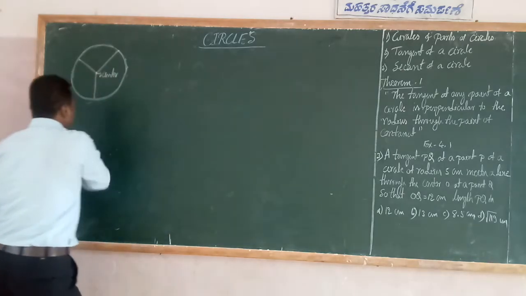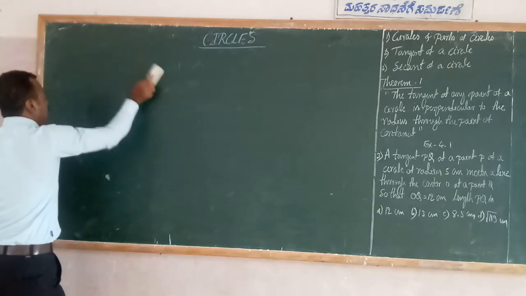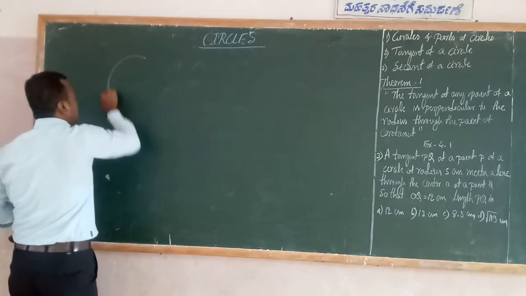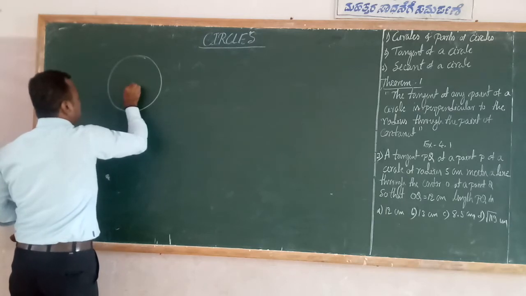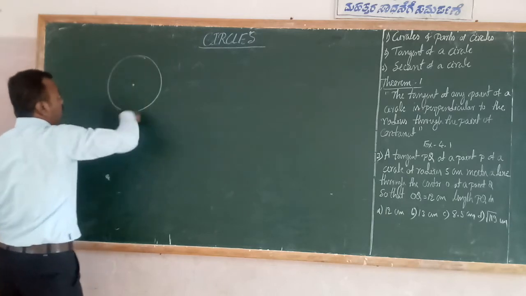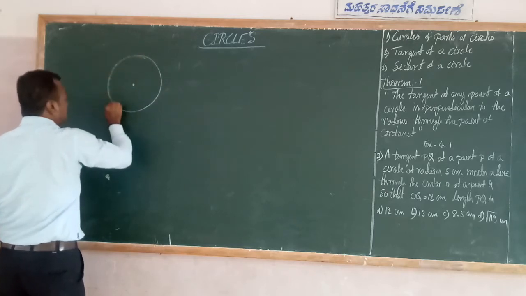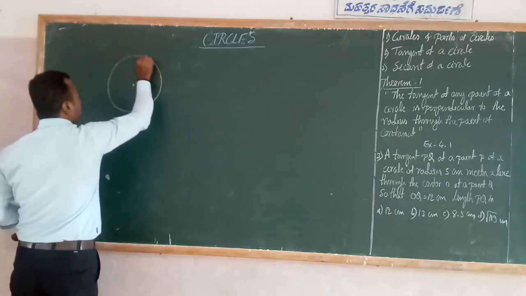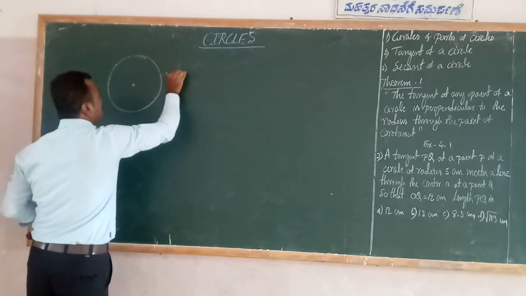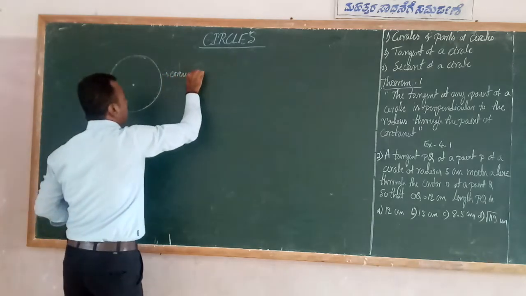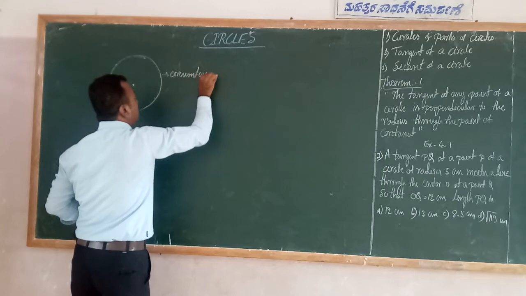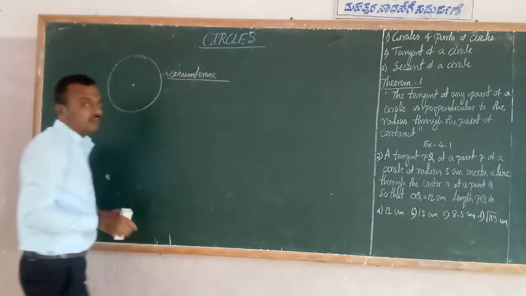Okay, the next one. This is the center of the circle. This is the boundary of the circle. What do we call this boundary? That is called the circumference of the circle.